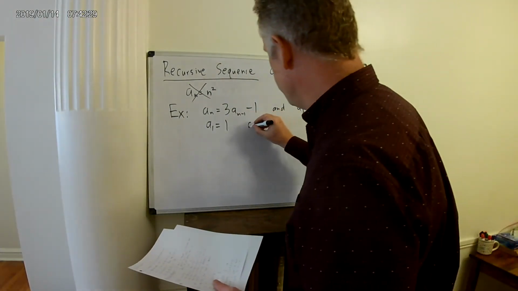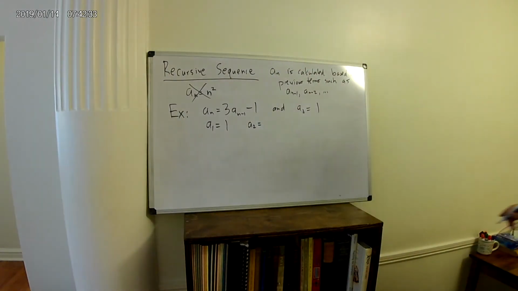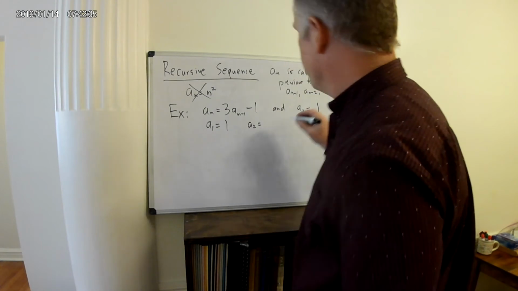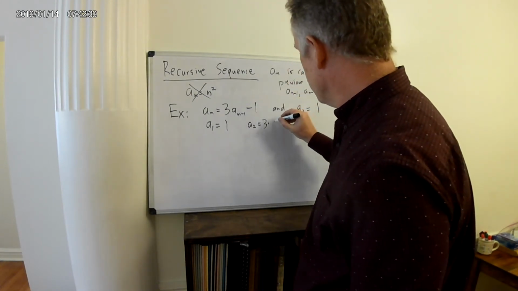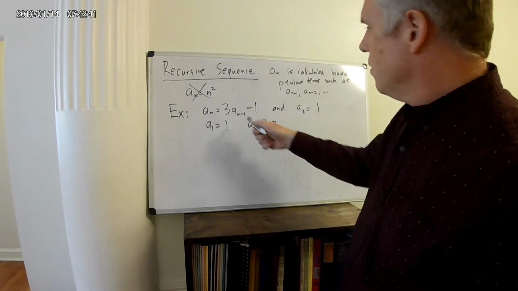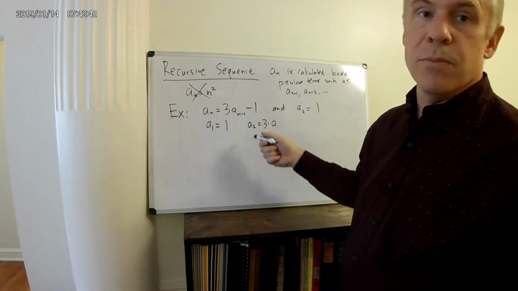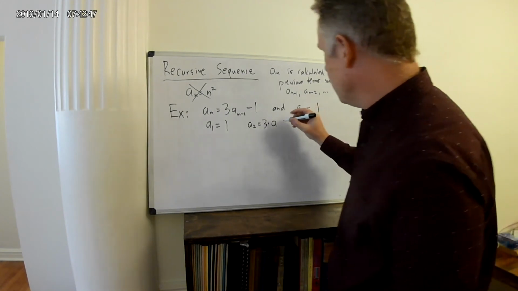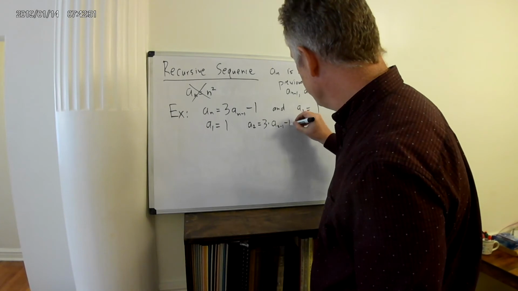Let's calculate a sub 2. How do I calculate a sub 2? Well, I calculate a sub 2 based off the previous term. So a sub 2 equals 3 times the previous term. In this case, 2 is my index n. So what's the previous term to 2? The previous term is a sub 2 minus 1.